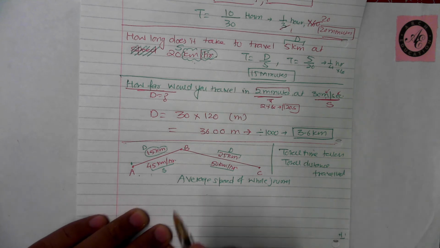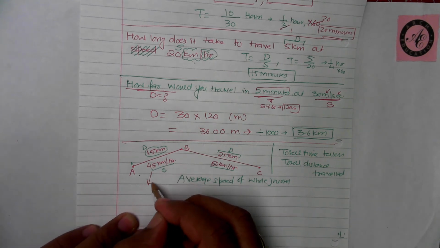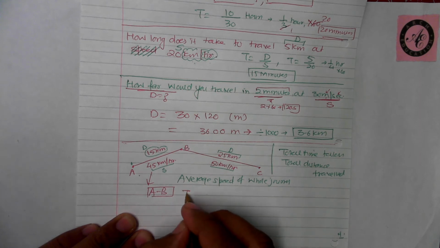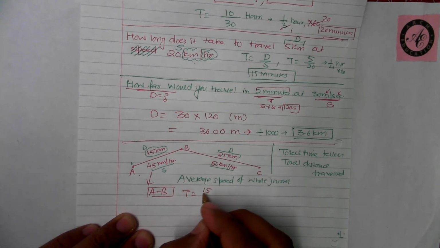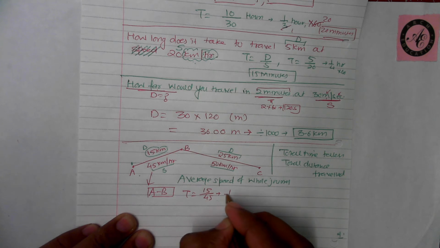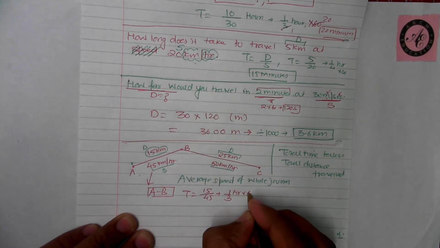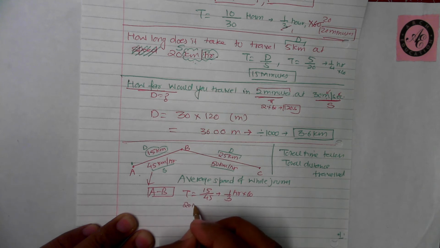Okay, the total time taken first of all. For this part A to B, guys, the journey is time equals distance over speed, 15/45, 1/3 of an hour. So times that by 60, that means 20 minutes.